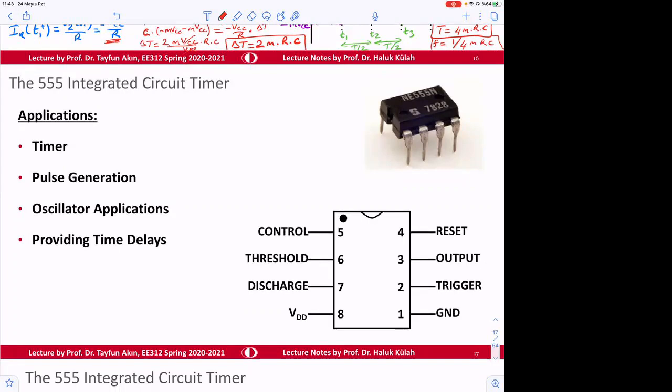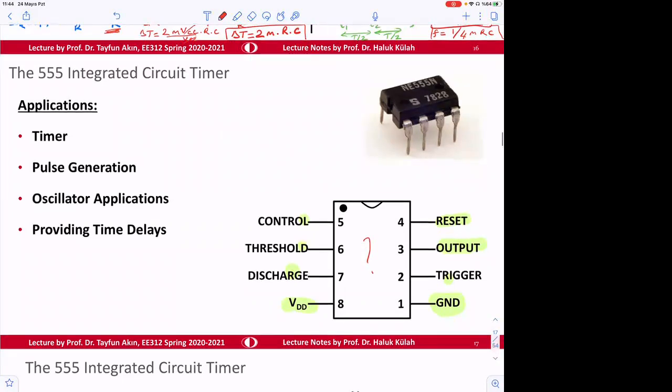This chip has an input signal, VDD, ground, and then an output signal, of course. It has a reset signal, trigger, discharge, and some input signals. But what is inside, and what can this do?